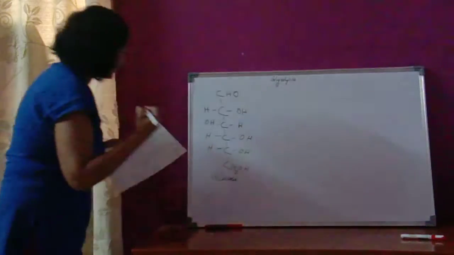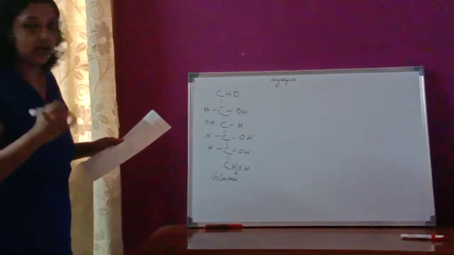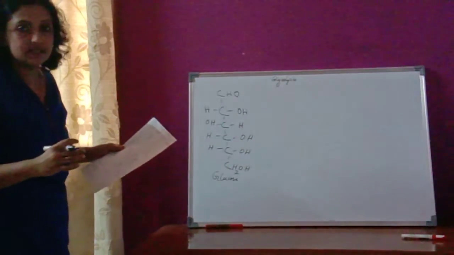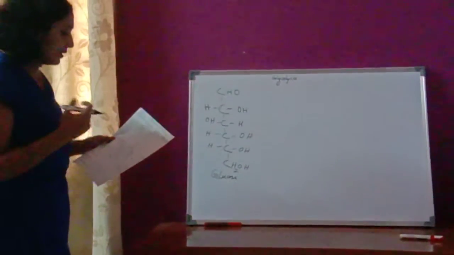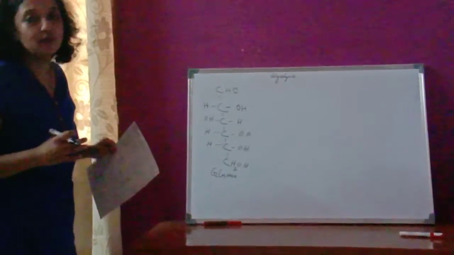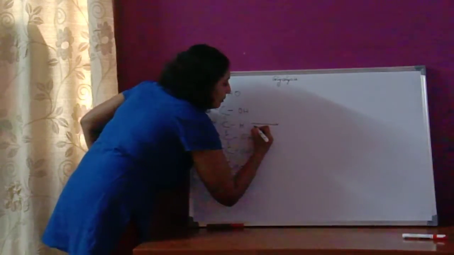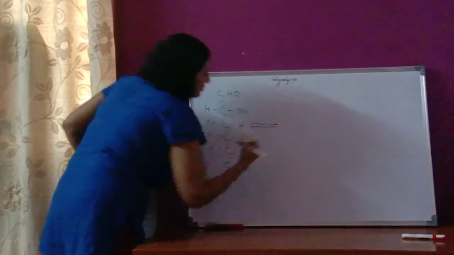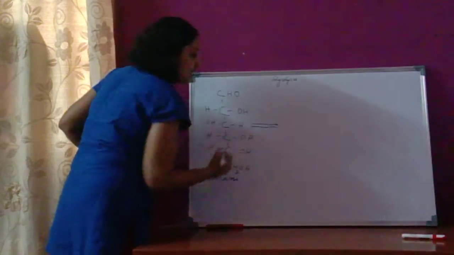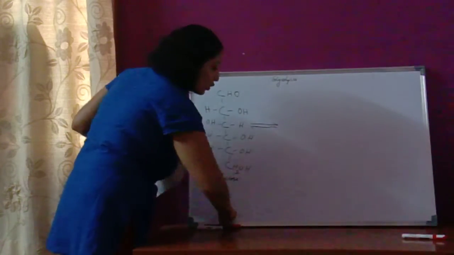In the first step, the priming stage, glucose gets converted to glucose 6-phosphate. So I am going to write a double arrow mark. The enzyme involved here is hexokinase.